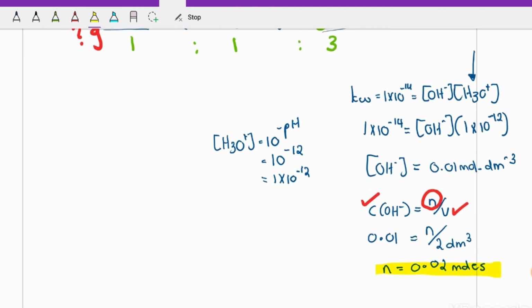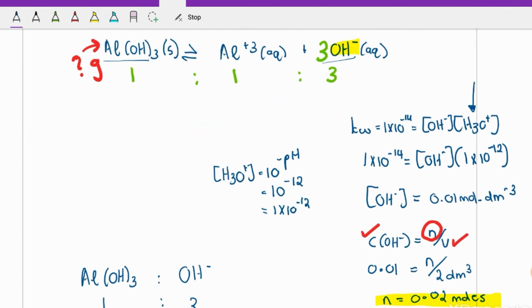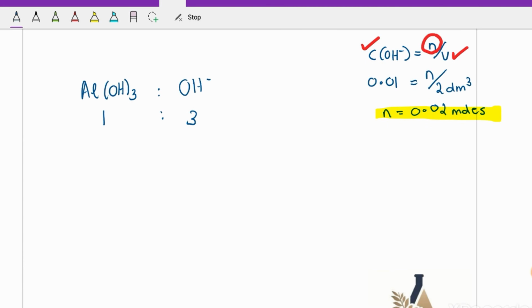I'm just going to scroll down so that I have enough space. So aluminium hydroxide to OH minus. Okay, the molar ratio was 1 to 3, as I showed you in my balanced reaction equation. So we know that the moles here is 0.02 moles.